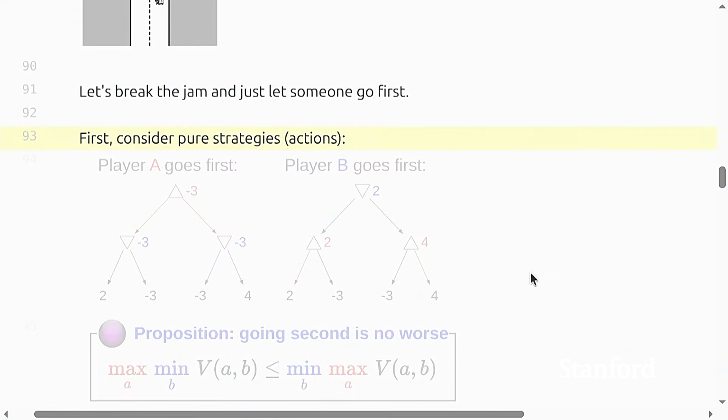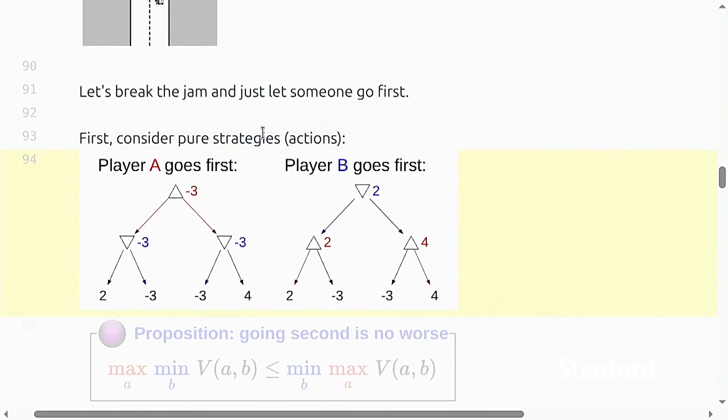So first, let's consider pure strategies. When players are just playing a pure strategy, what happens? Because this case we know how to do. This is just normal minimax. So let's say player A goes first. Player A is trying to maximize, player B is trying to minimize. So if player A goes first, then whatever happens, player B can just play the opposite and get you -3. So the minimax value of this game is -3. So it's pretty bad for player A. But if player B goes first, then player A can just match the number.